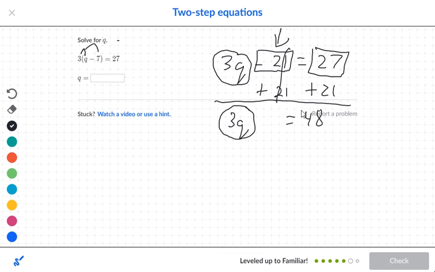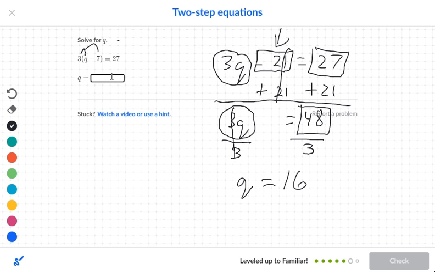Now if I check that, I have one circle equal to one box. So now simply divide this by 3. When I divide this by 3, that will disappear. That leaves me with q. So 48 divided by 3 is 16. So 16 is my answer.